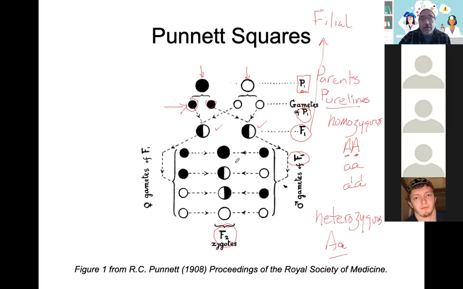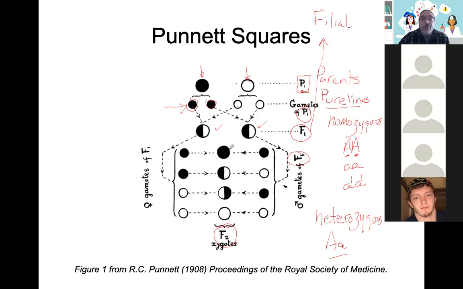And there are 4 different ways these can combine. We can get the female black allele with the male black allele, female black with male white, female white with male black, female white with male white.